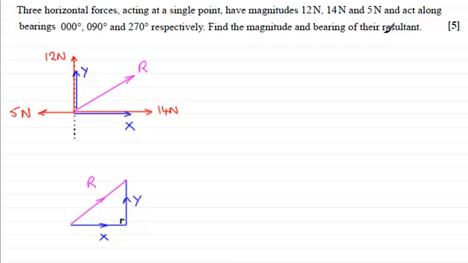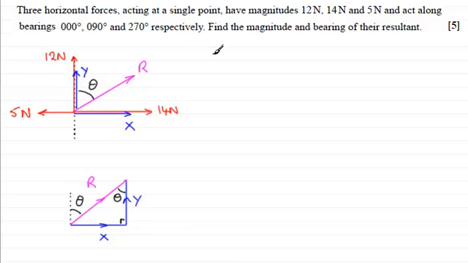As for the bearing of the resultant, that will be this angle in here, we'll call it theta. If I've got the north direction there, then theta is this angle, and this is alternate to this one here. So from this triangle, I can work out what theta is if I know X and Y by basic trigonometry. That's the route I'm going to take for this problem.